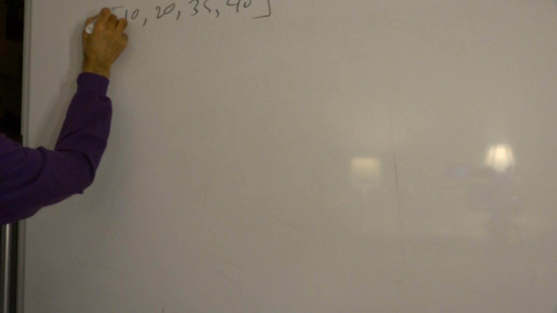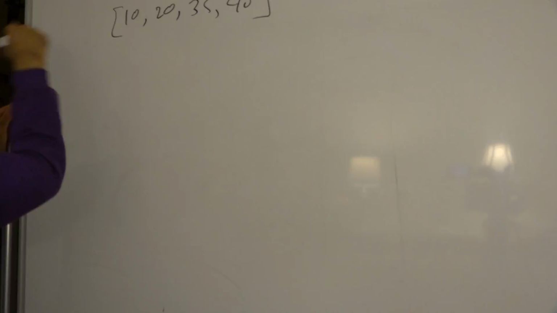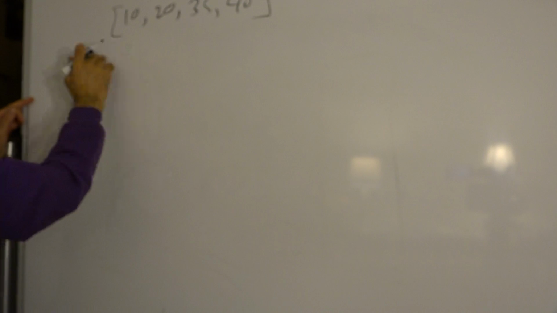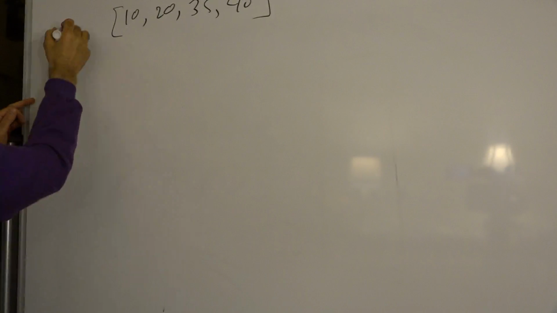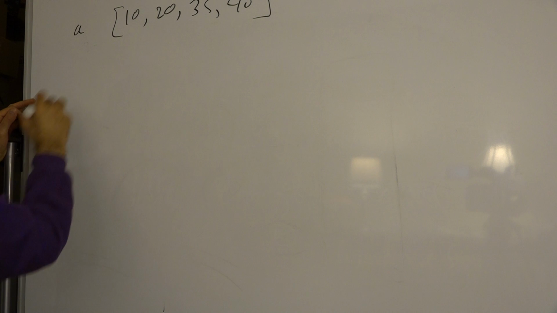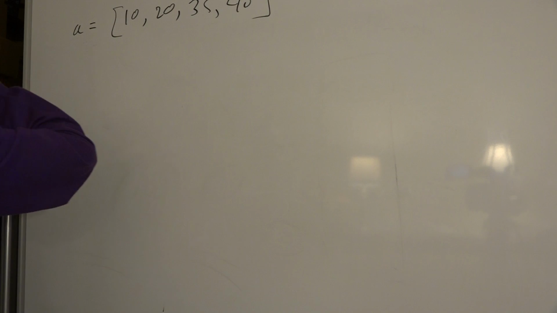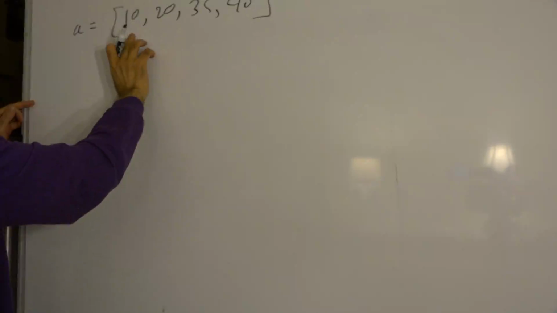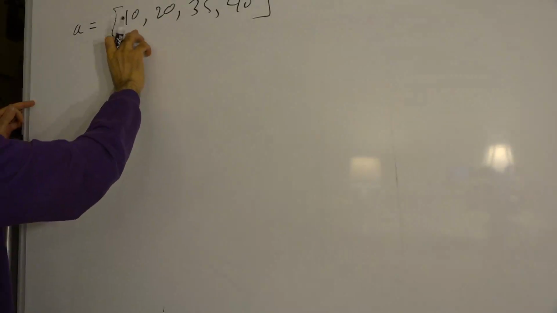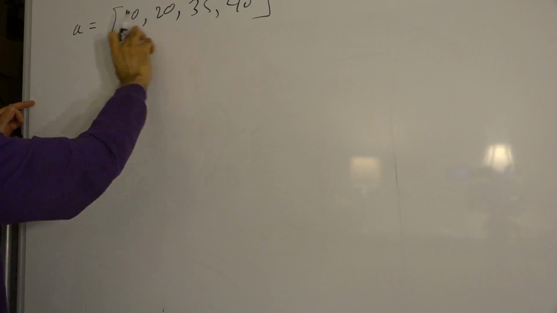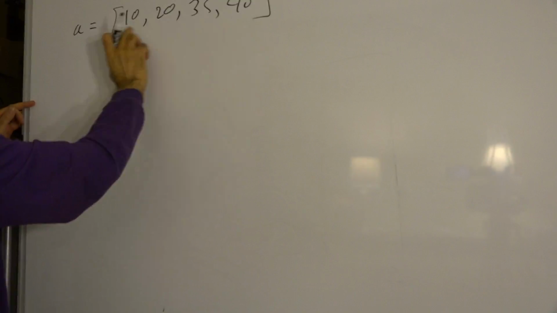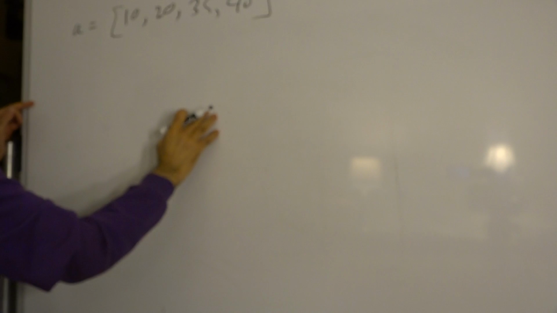If these were the elements of the array, whatever we want to call it, my array or A or anything. If that's the content of array A, then as I'm traversing, I need to keep track of elements that I have traversed.